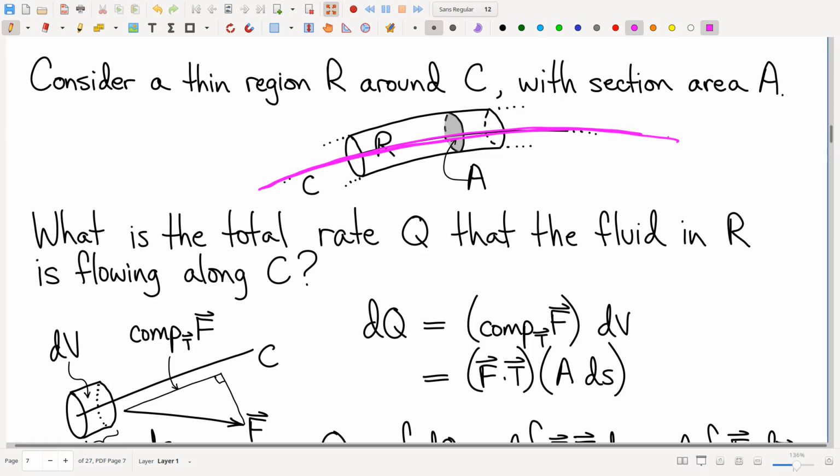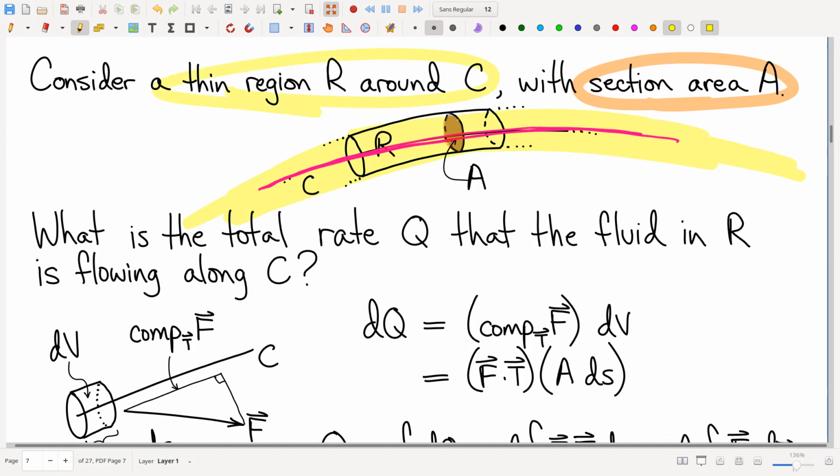I mysteriously am going to talk about an area here. And I'm going to imagine dragging that area along the curve, and it will then sweep out, if you will, this sort of tubular region around our curve. And I know that's weird.